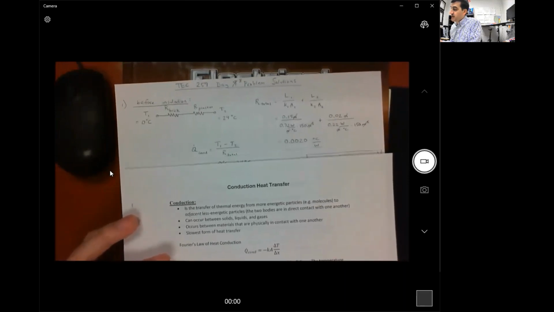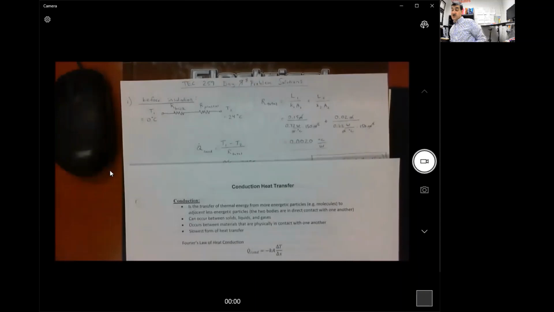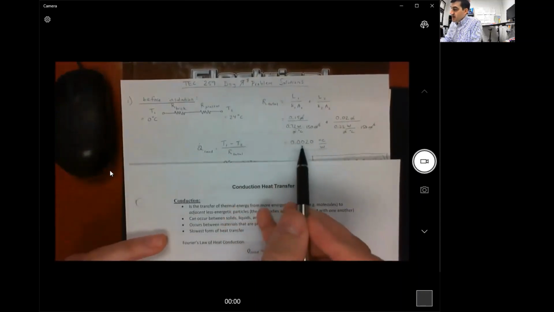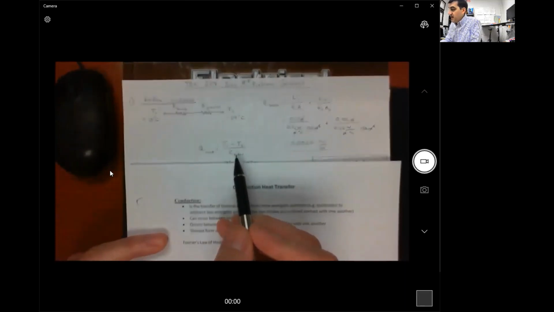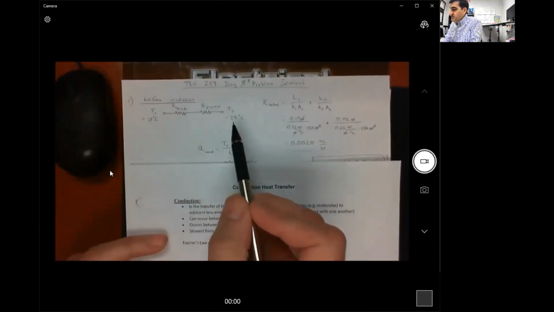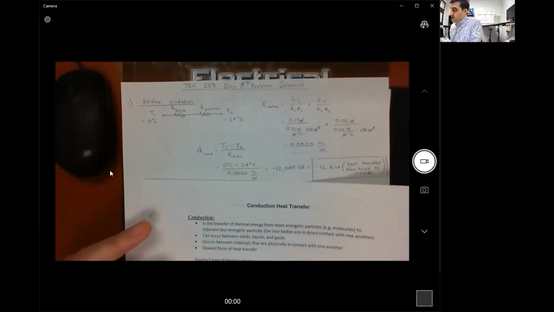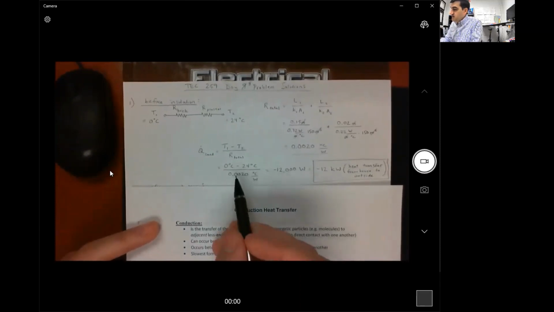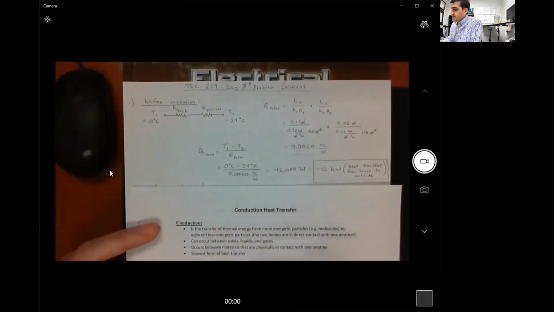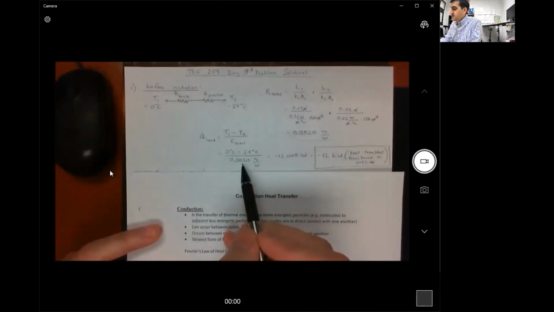So now we can plug that in to our equation for conduction heat transfer. And now the rest is pretty easy, because now we can just put that into our total, and we have T1 and we have T2. So plug all those numbers in. 0 degrees minus 24 degrees Celsius divided by our thermal resistance.